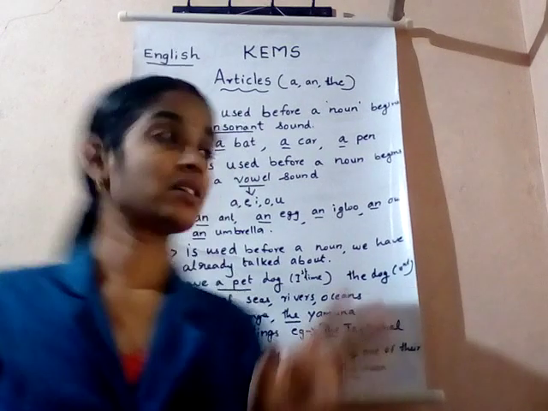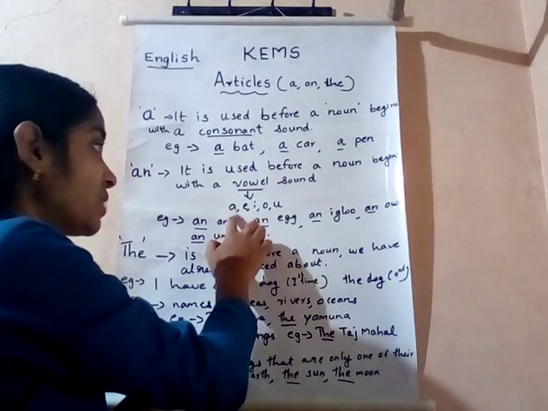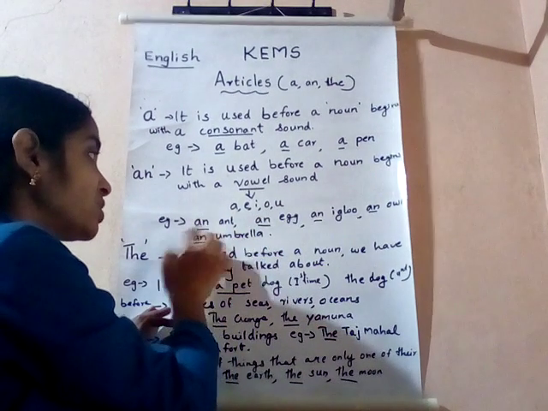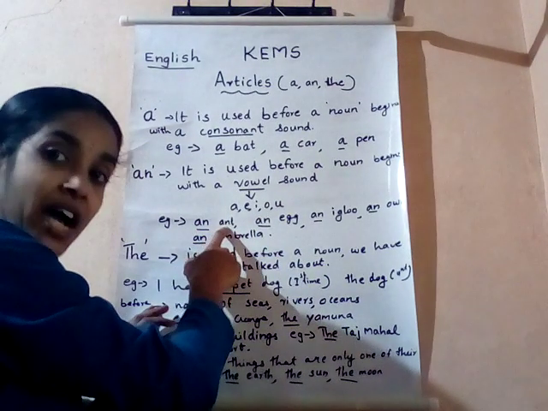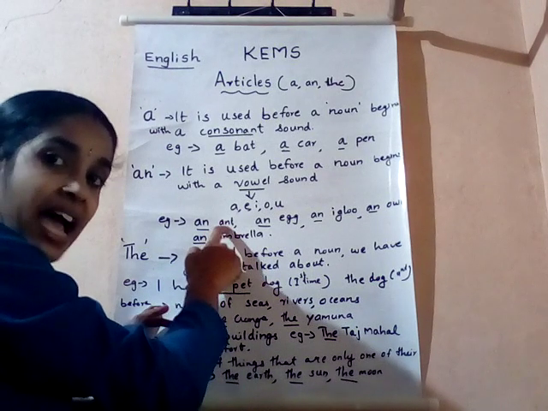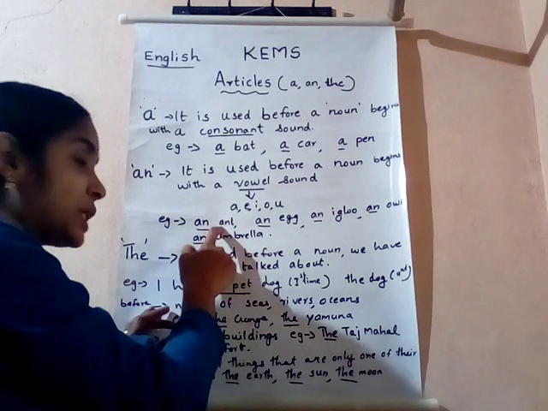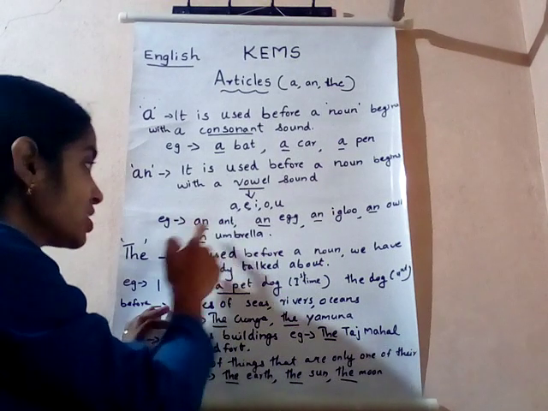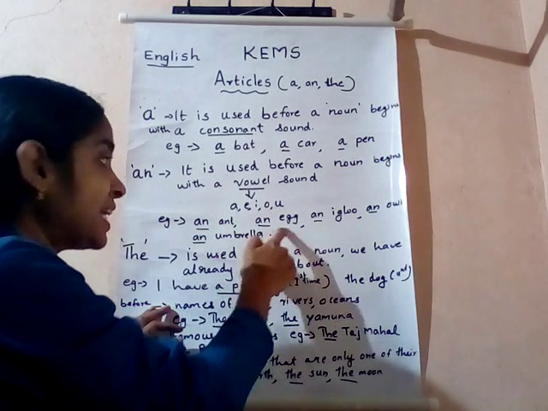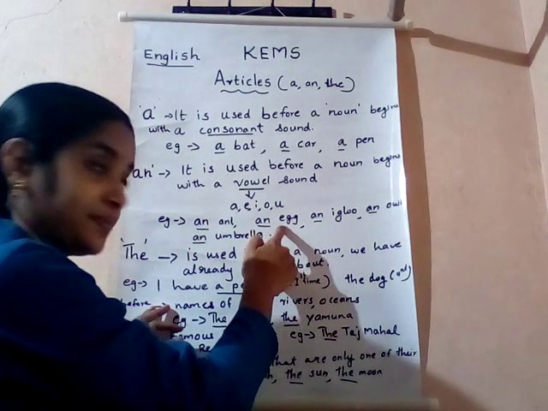Let's check. The vowel sounds are A, E, I, O, U, and an is used before a noun with a vowel sound. That means an apple. Apple is a noun and the letter A is a vowel sound, so we have to use an here. Next one, egg.